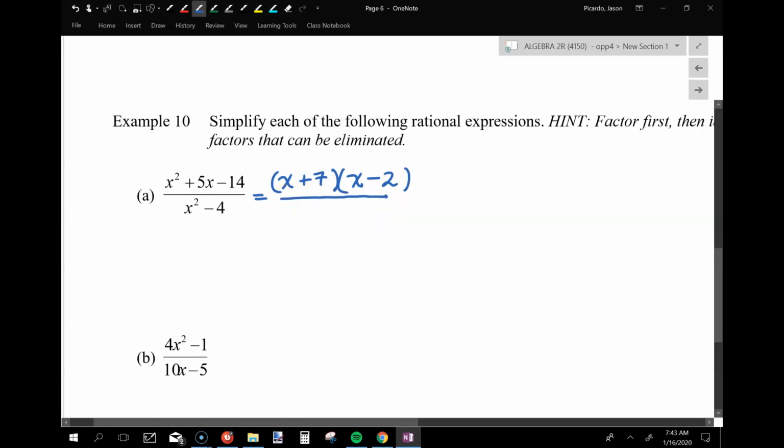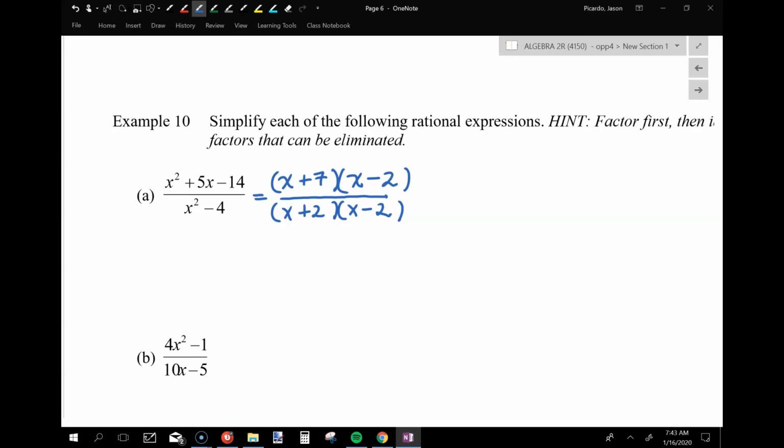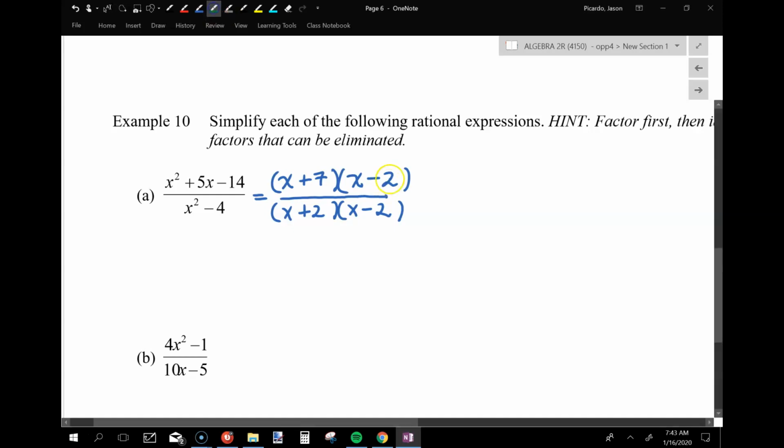You're going to immediately identify the bottom. The bottom is a DPS. x plus 2, x minus 2. And so my question now is, are there any factors that are the same? So can I reduce them? Absolutely.